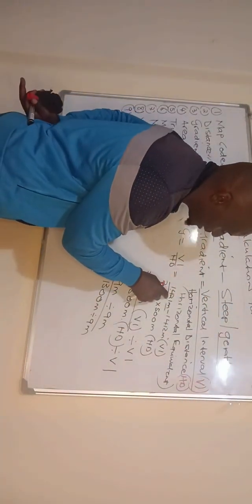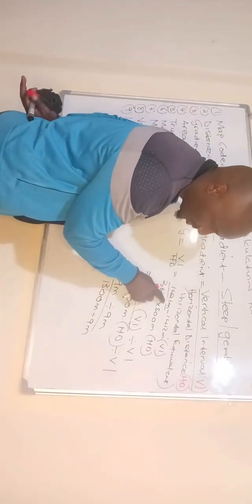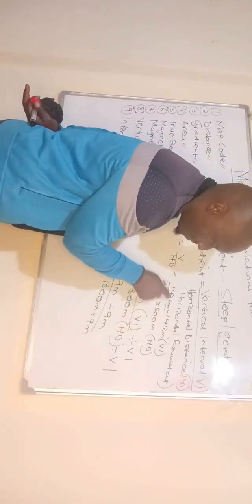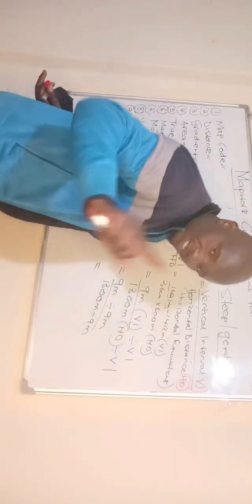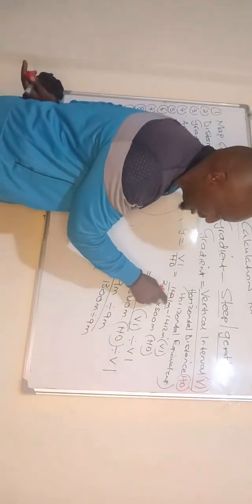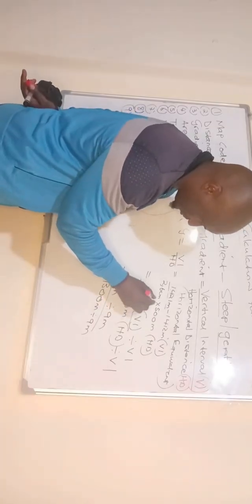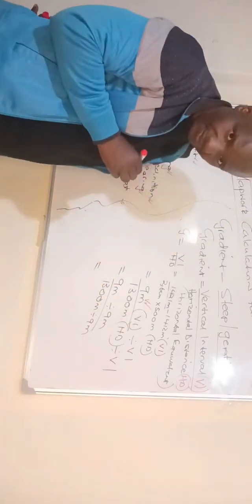We have got two given heights, 1,421 meters and 1,412 meters. So the highest height minus the lowest height gives the difference in height for your VI. That's how we got this 9 meters.